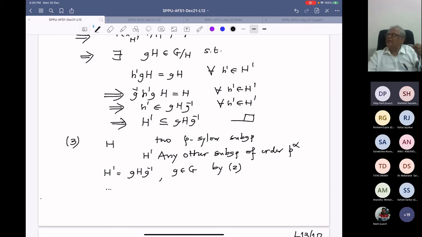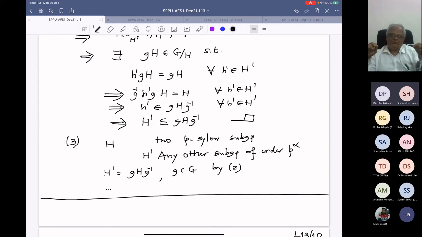Sorry if I exceeded the time, but I wanted to finish. But still, I have to recall something here, which will take maybe 5 minutes, not more. But this proof is very, very clean. And then next time I will give 2 more proofs. And as you see in the literature, there are many proofs. But my personal choice is this proof.